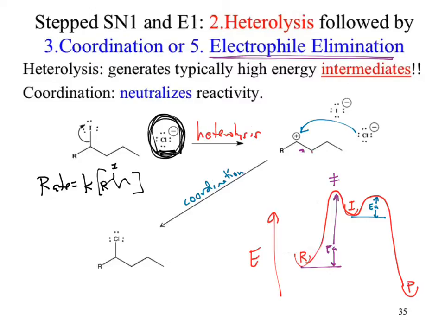The chloride's not doing anything in the heterolysis step, which means it is not officially a reagent in that step, which means my rate law is rate equals the rate constant times concentration of my substrate. How many reagents are in that rate expression? 1. 1, hence SN1. It's a unimolecular reaction.